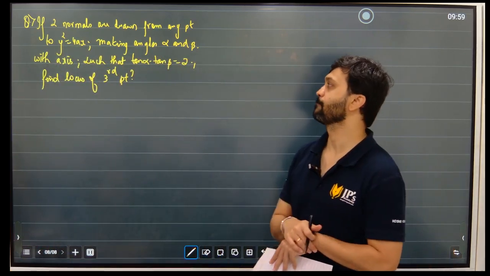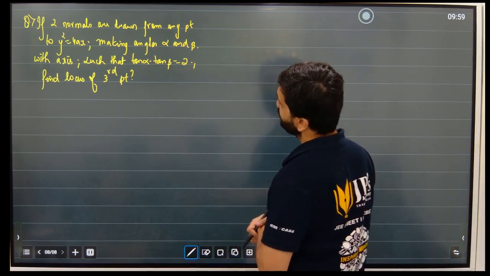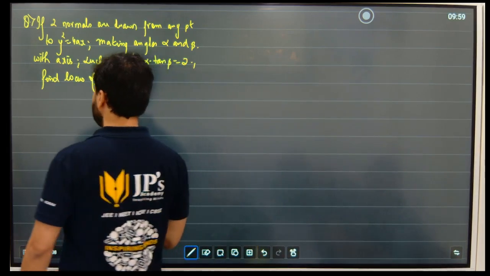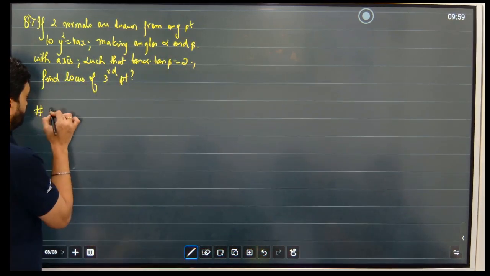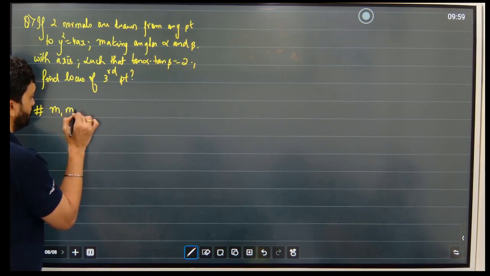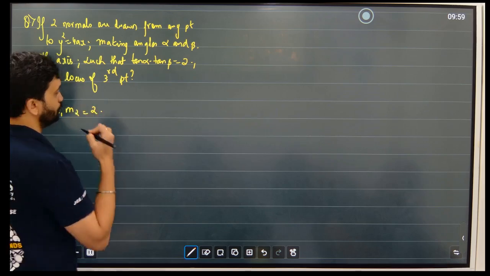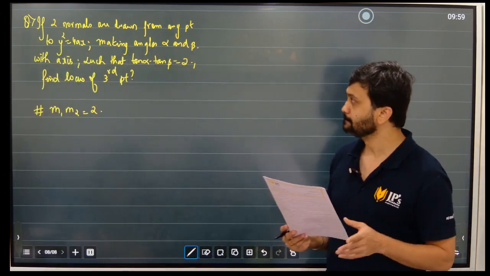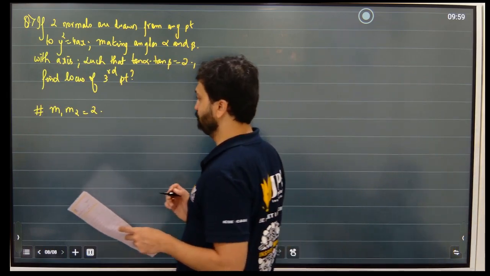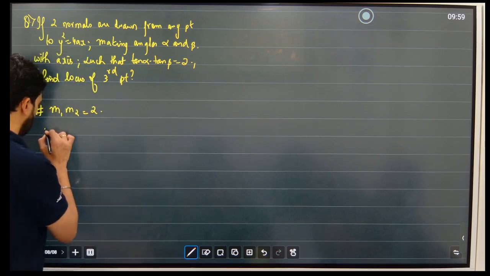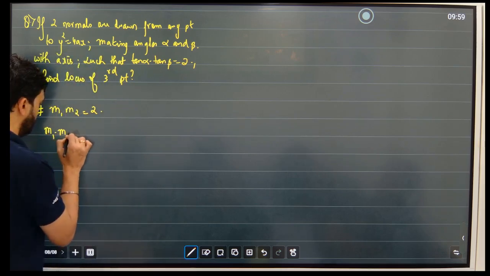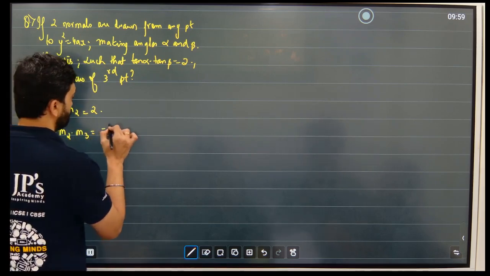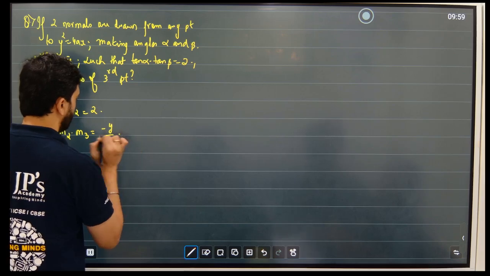Now see this. They are saying that I am making angles alpha and beta. Now I know the formulas. We had just written the most important formula that m1 into m2 is equal to 2, and we had written the product of the slopes also, that m1 into m2 into m3 is equal to minus y by a.